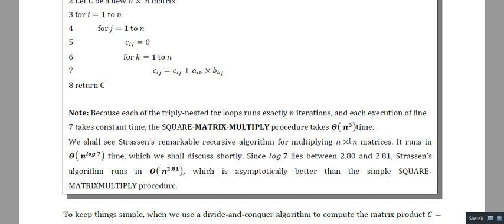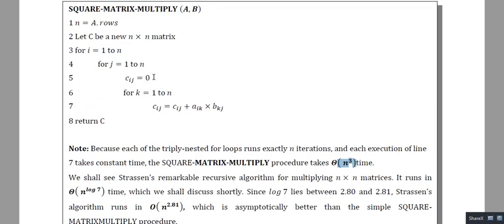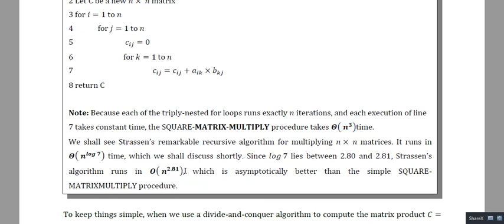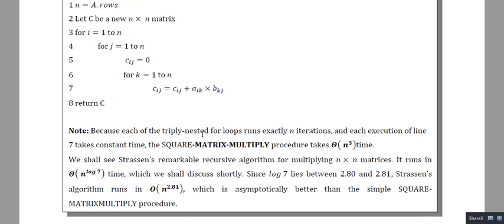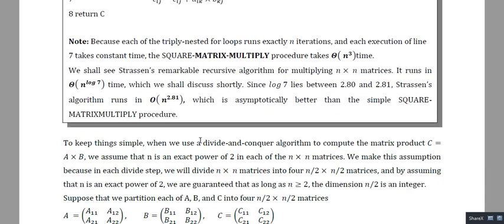And that reduction of time will be around theta of n power 2.81. Okay, so we'll see all this derivation, how the normal method is taking theta of n cube time, and how using Strassen's multiplication we are getting this value n power 2.81, right? So first we will see our normal algorithm for matrix multiplication, then we will go for Strassen's matrix multiplication.